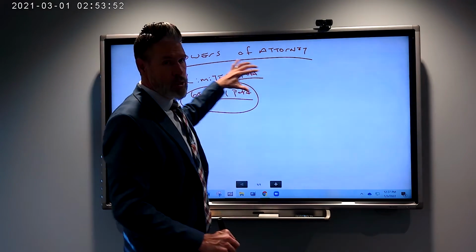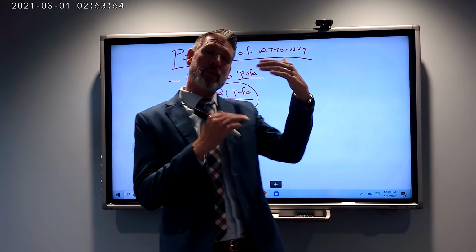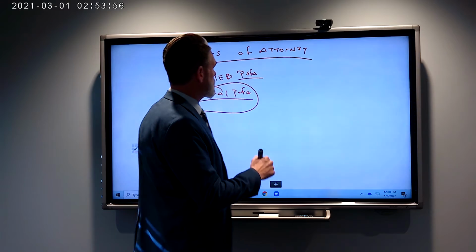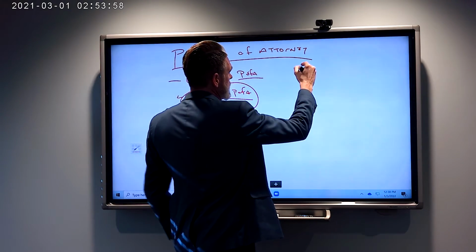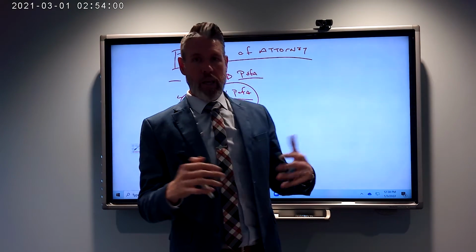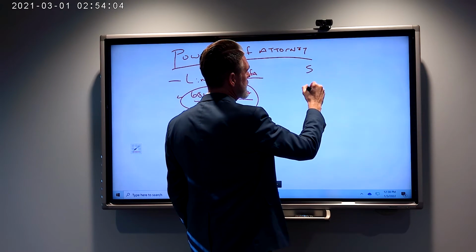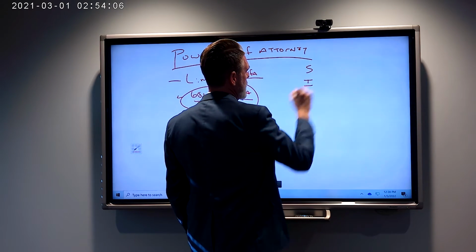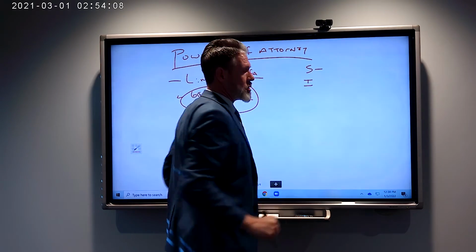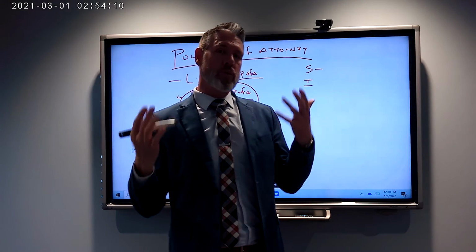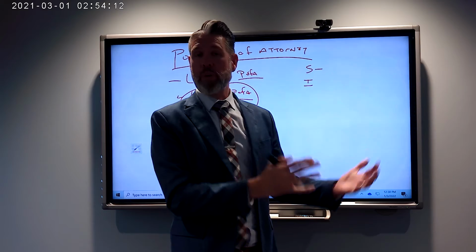Now, in addition to structuring your power of attorney so it's limited or general, you can also structure your power of attorney so that it takes effect at certain times. So you have what's called a springing power of attorney or an immediate power of attorney. Springing just means that the power of attorney comes into effect once you become incapacitated.